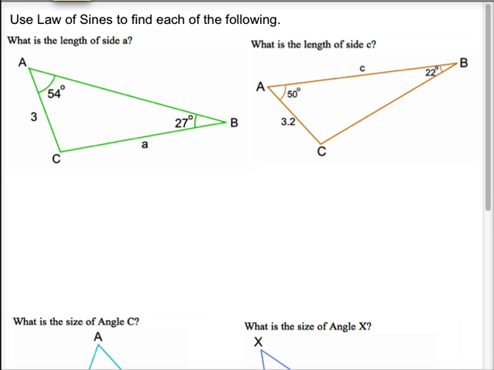What I see is this 3 and that 27. That's an angle-side pair, an angle and the side that is opposite from it. So I'm going to set that up: 3 over the sine of 27 degrees.